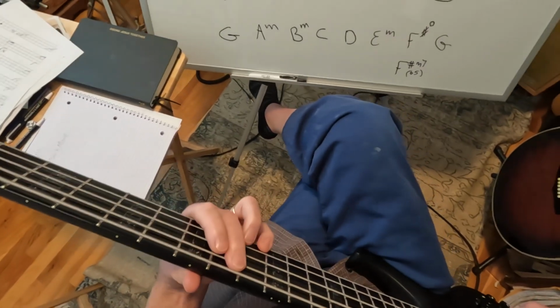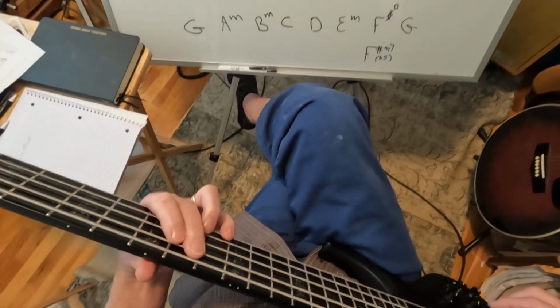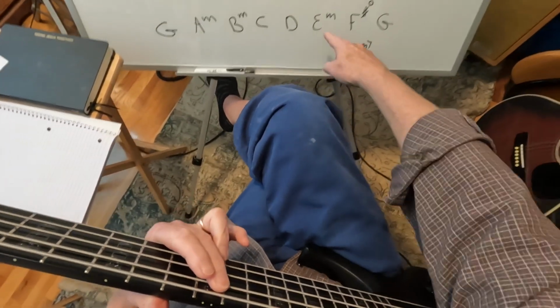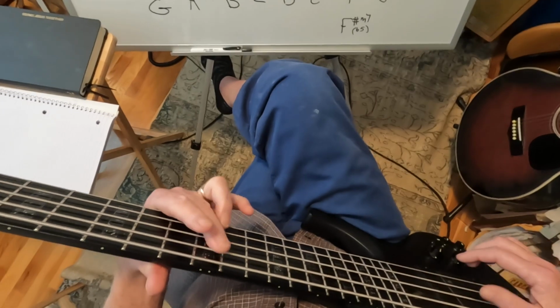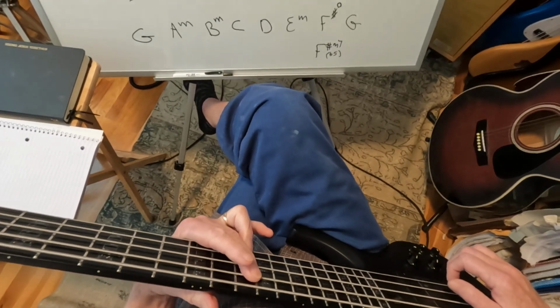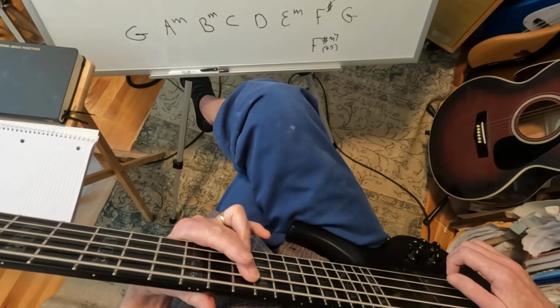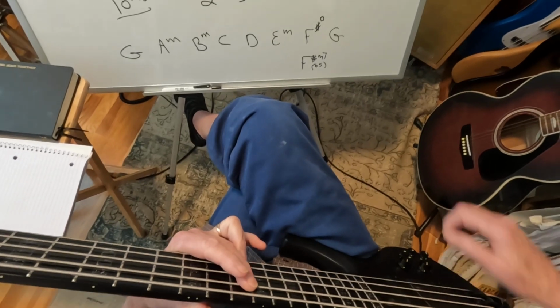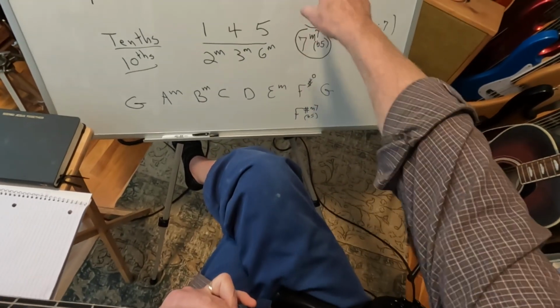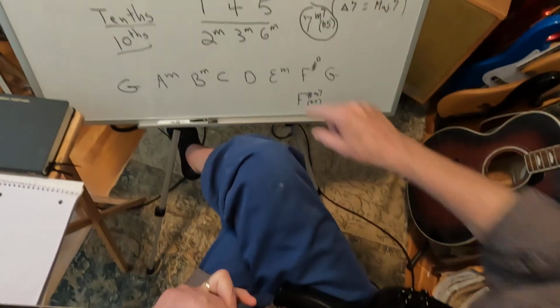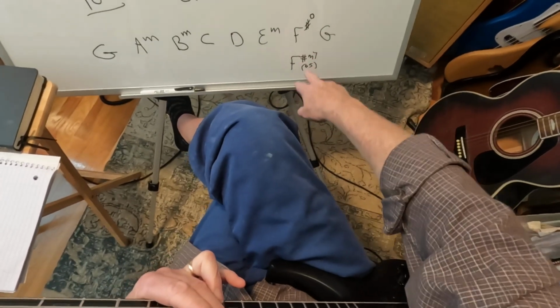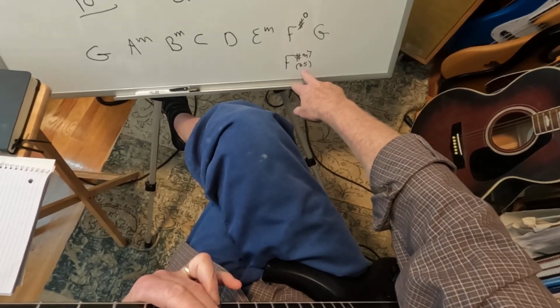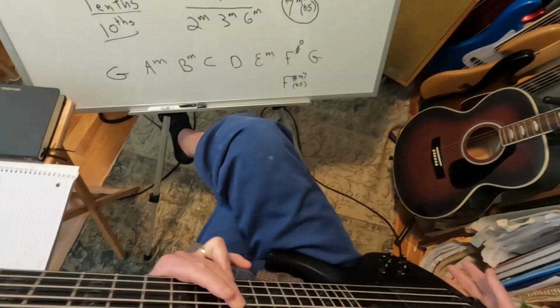On up to the D, it's major. Up to the E, it's minor. The F sharp is a minor 10th. That's why I just called it a minor here. Since we're not worried about the 5th scale degree, we're just calling it a minor 10th.